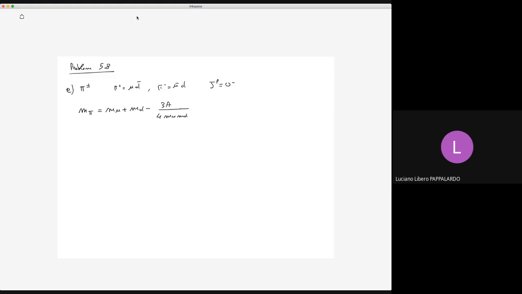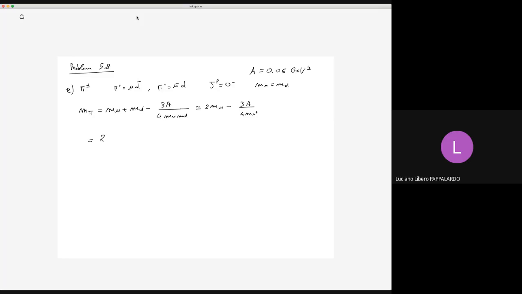Now we assume that the mass of the u quark is equal to the mass of the down quark, the constituent masses. So this is almost equal to twice mu minus 3a over 4 times mu squared. And from the text, we know that the value to be used for A is 0.06 GeV to the cube.